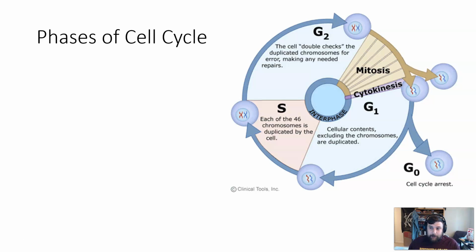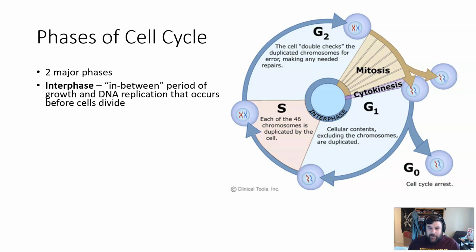The cell cycle, as I said, has 2 major phases. Interphase, which is the in-between period of growth and DNA replication that occurs before and after a cell divides. So in between divisions, this is what is occurring. It is called interphase.